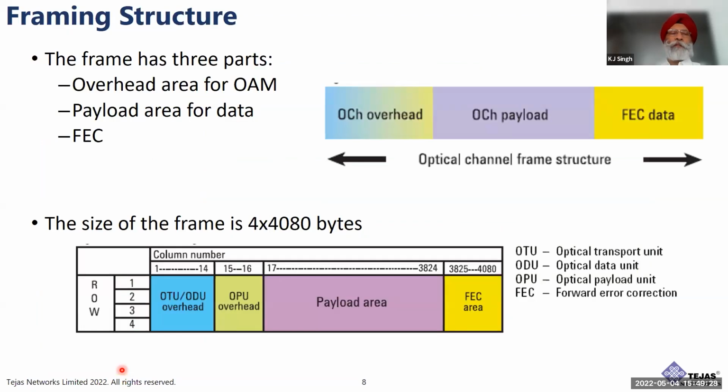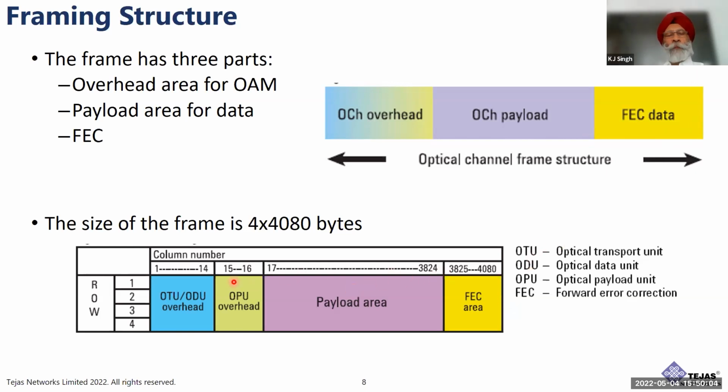For those who are not familiar with OTN, I thought we'd put this slide up. There are three main parts of the OTN frame. The most important part is obviously the payload, but what's also important is the overhead to make an optical transport unit. So the entire thing is called an optical transport unit.